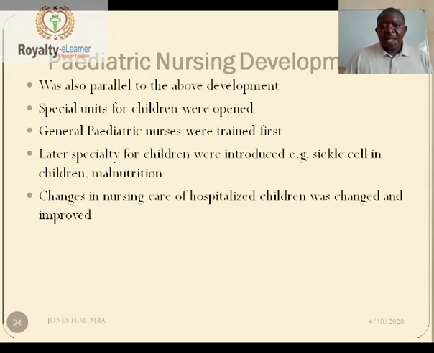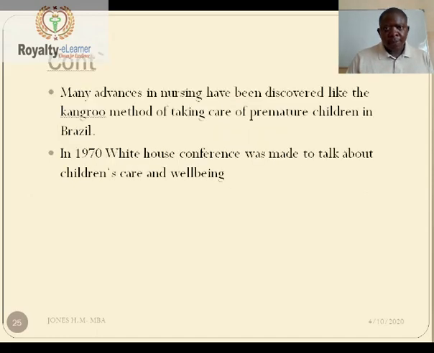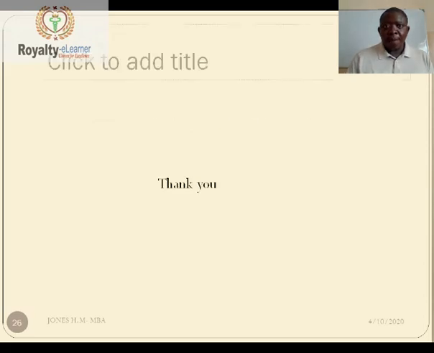The nursing care of hospitalized children was changed and improved because of this specialty and changed perception. This improved care eventually for children. Many advances in nursing have been discovered, like the kangaroo method of taking care of premature children that was discovered in Brazil. And in 1970, a White House Conference was held to talk about children's care and well-being.